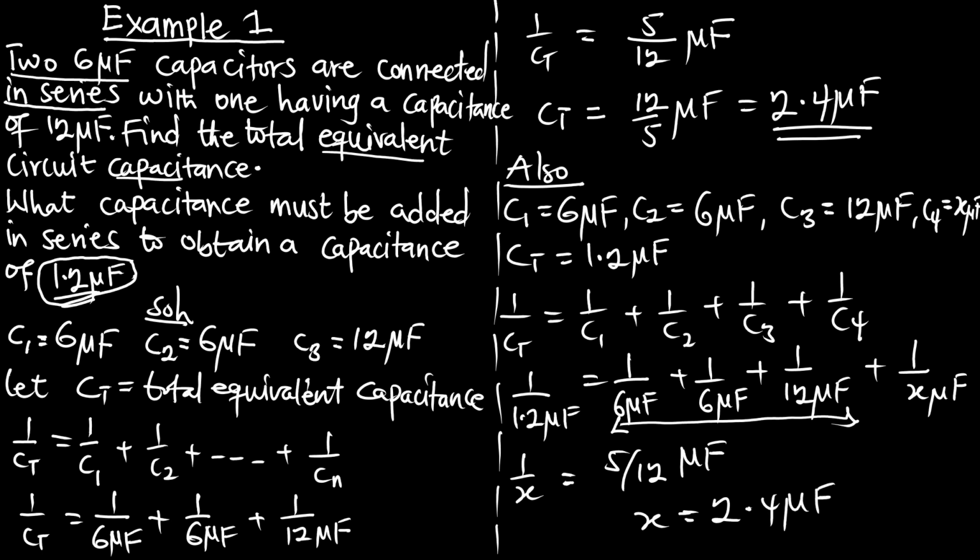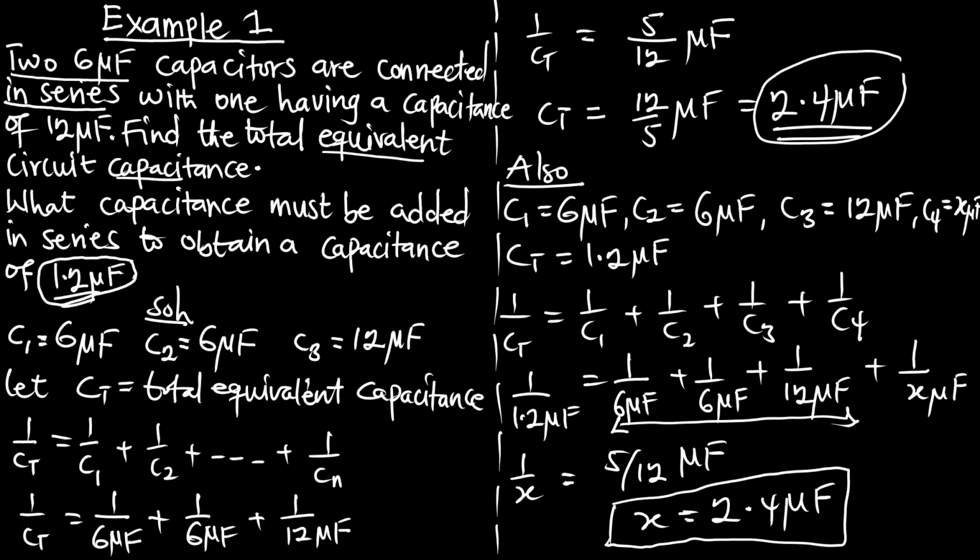Is that clear? So this means that if we add another capacitor of capacitance 2.4 to the first arrangement, which gave us 2.4 microfarad, then our capacitance is going to reduce to 1.2 microfarad. Are you okay? So this is the first example, very examinable. So let's look at the second one.